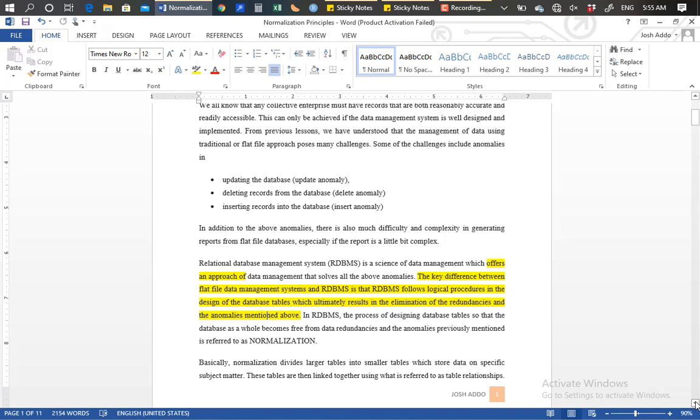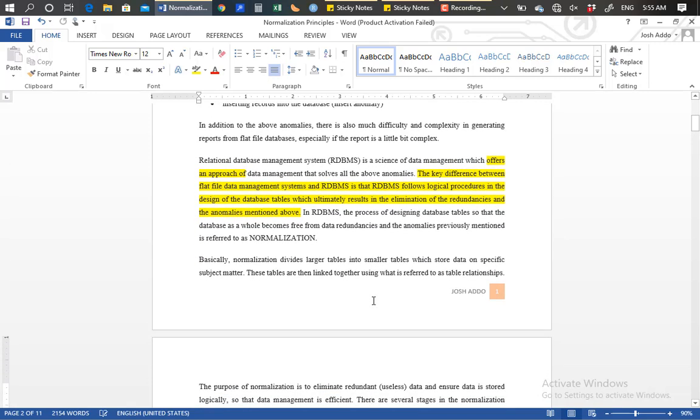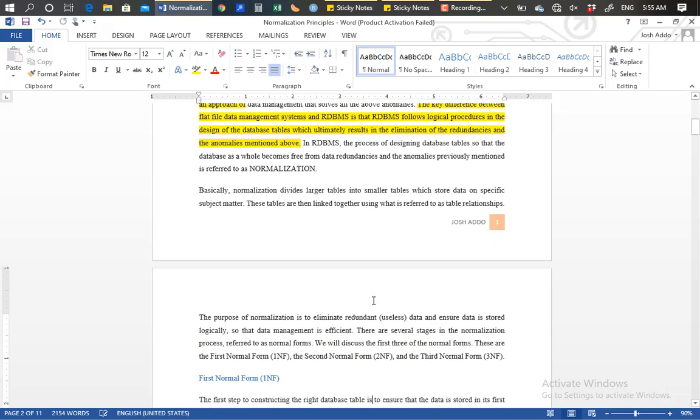When that is done, it has been realized that the problems above, update anomaly, delete anomaly, insert anomaly, and querying of the database becomes so flexible and becomes efficient. So that is what normalization is. And you can get it from the notes. So I'm just doing explanation, I'm not reading for you to write.